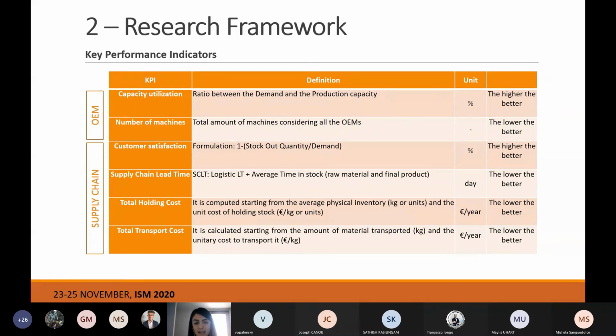The supply chain lead time, which reflects the time needed by the supply chain to transform raw material into final product. Finally, the total holding cost, which reflects the cost of storing both raw material and final product, and the total transport cost, which reflects the cost of moving both raw material and final product.